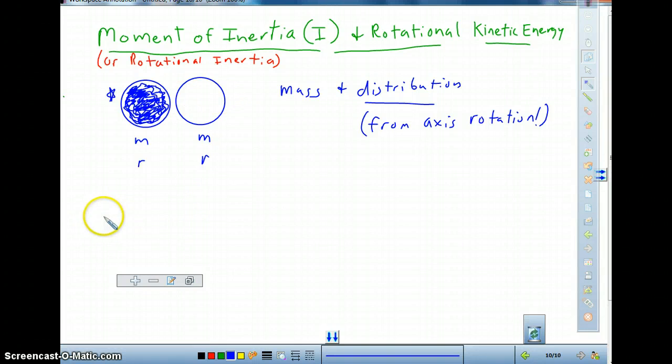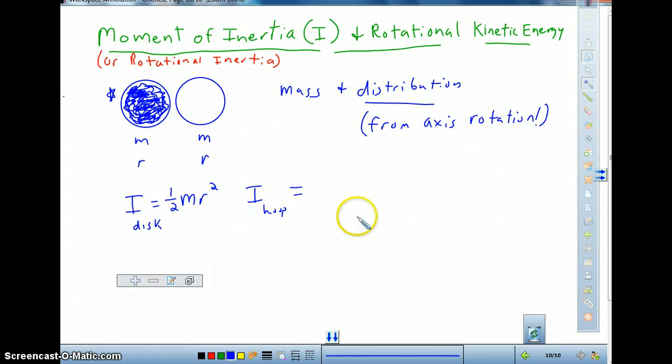And with some formulas, which you could look up in your textbook because they're basically core formulas for disks and hoops, we could see a difference between them. So I means moment of inertia or rotational inertia. Looking up in your textbooks, we could find that the formula for moment of inertia of a solid cylinder, that would be considered the disk, with uniform mass distribution is 1/2 mr squared.